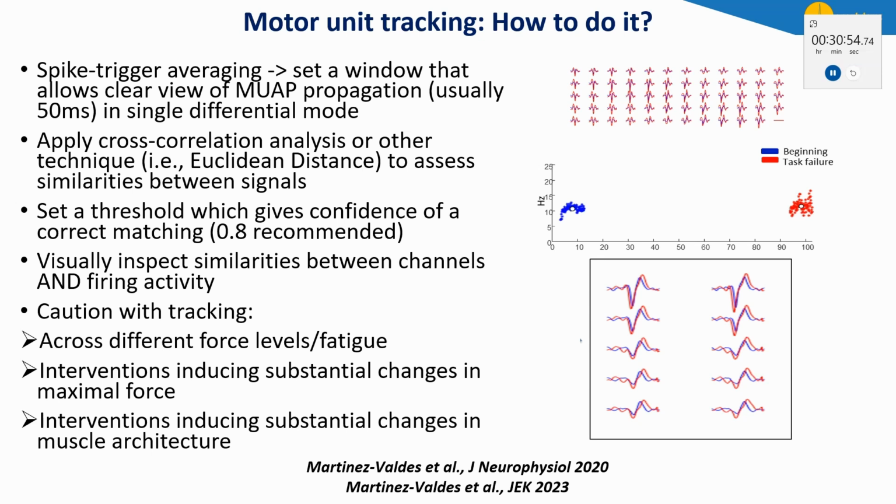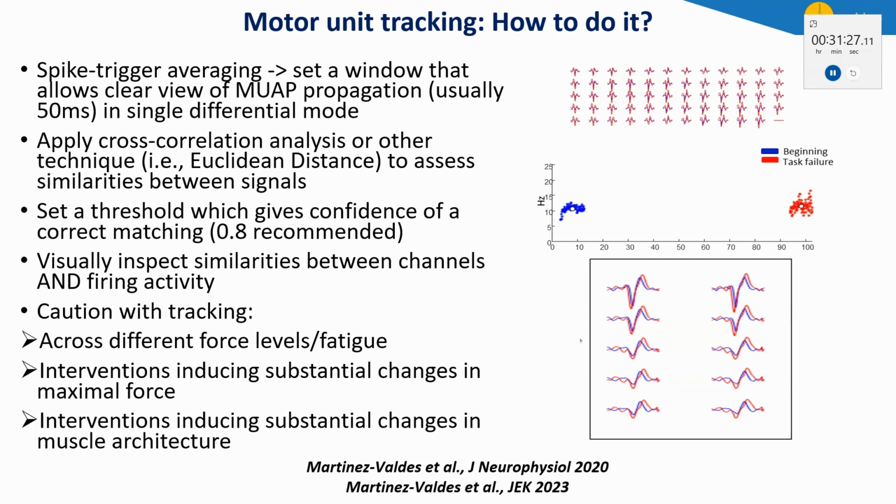After you apply that analysis, you need to set a threshold. We usually recommend a threshold higher than 0.8. And why is that? It's because the higher the threshold, the higher the similarity. So if the threshold is low, you are not very confident that you have an accurate matching. That's the importance of establishing a really high threshold.